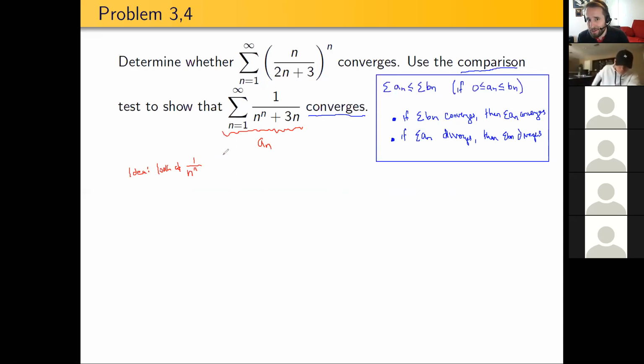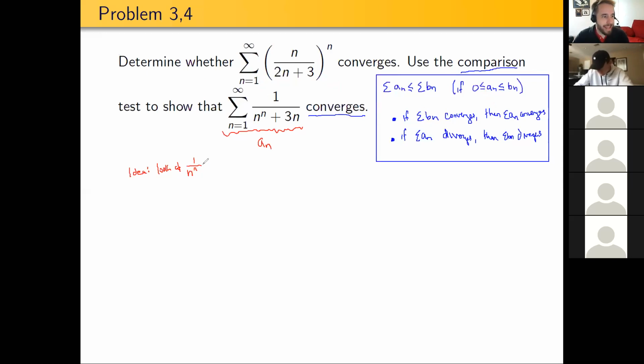This is an expression that maybe we can hope to use the root test for, and it's an expression that we can maybe hope to compare to this expression here. So maybe this is a good expression for b sub n. Let's find out. What we're really hoping for is to find a b sub n that is both bigger than a sub n and that itself converges. Let's take a look.